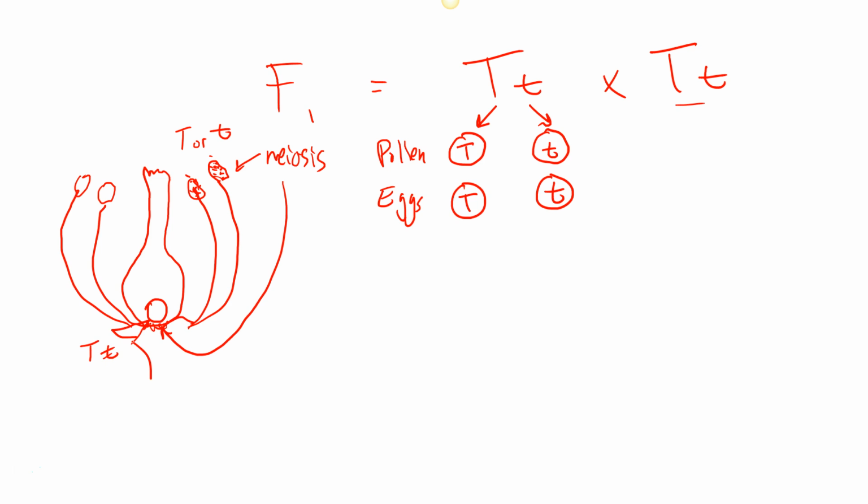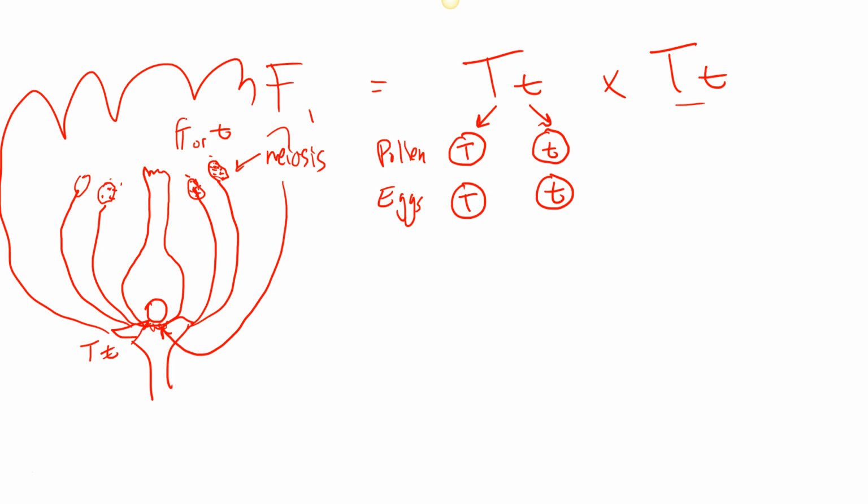Remember, this is a plant with all the flowers right here. Either a big T pollen or a little t pollen is going to go down here and fertilize either a big T egg or a little t egg.